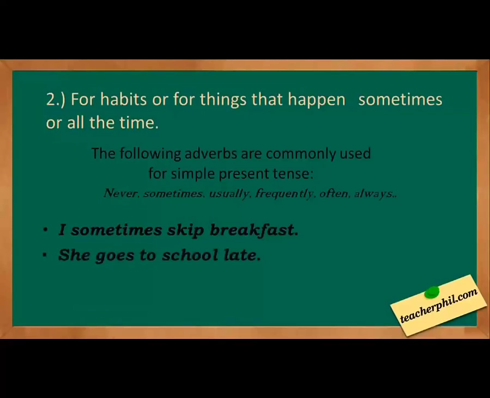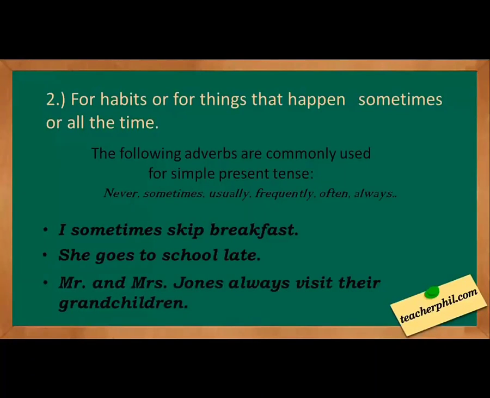She goes to school late. Mr. and Mrs. Jones always visit their grandchildren. I, she, and Mr. and Mrs. Jones are the subjects in these sentences, while skip, goes, and visit are the verbs.